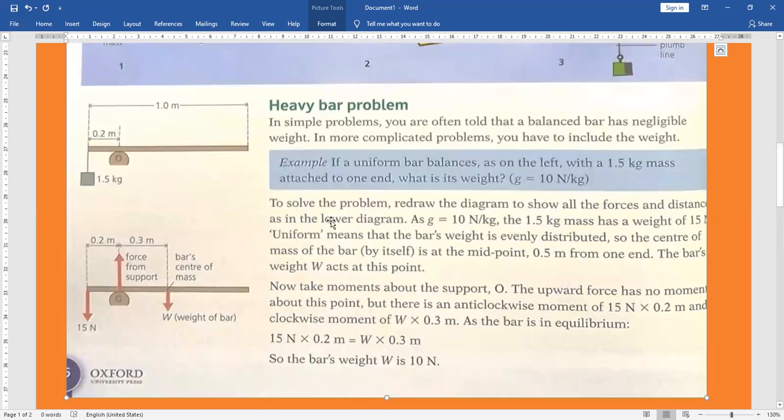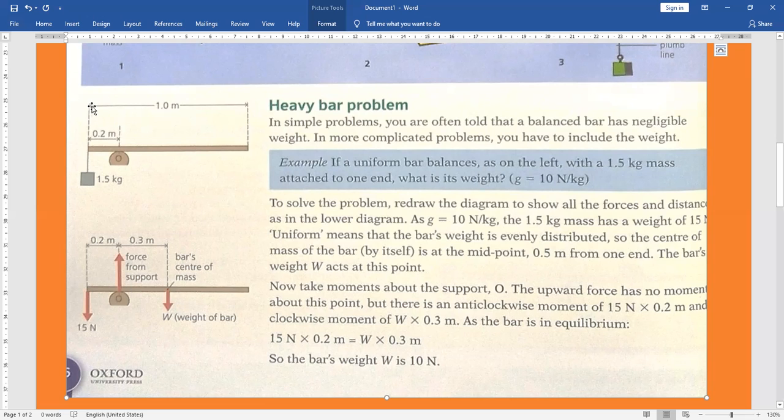To solve this problem, redraw the diagram to show all the forces and the distances, as in the lower diagram. Now you can see here we have divided this. Where I am showing my cursor, it is 0.2, and when we subtract 0.2 from this value, it becomes 0.7.